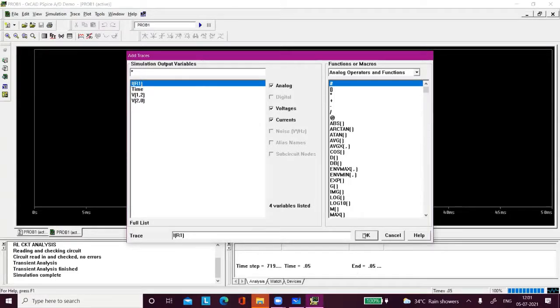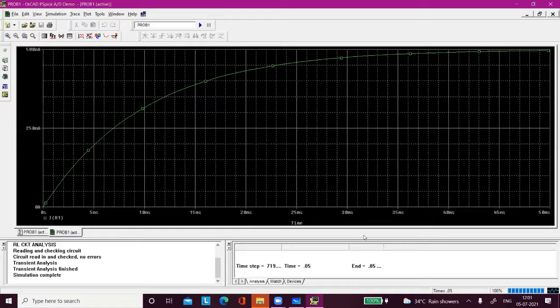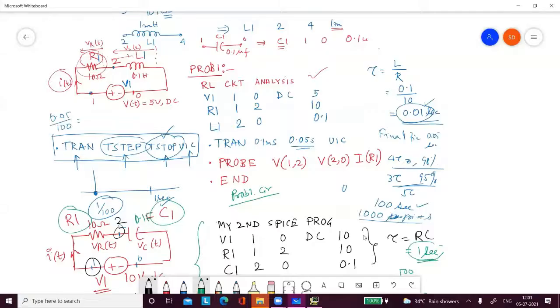This is the current response. This will be the current value. You know, the current will be V by R into 1 minus e to the power minus R by L t. You know the nature of the current response here.